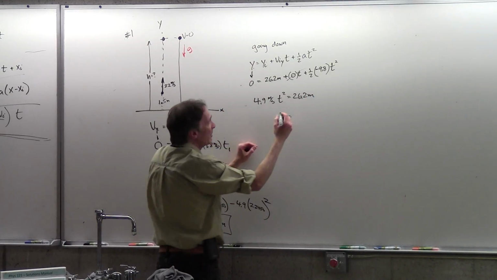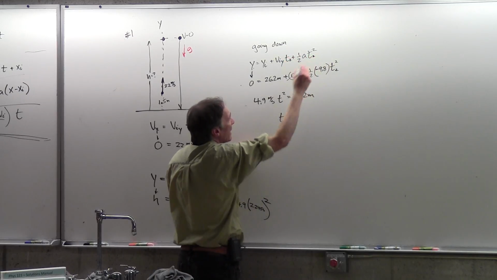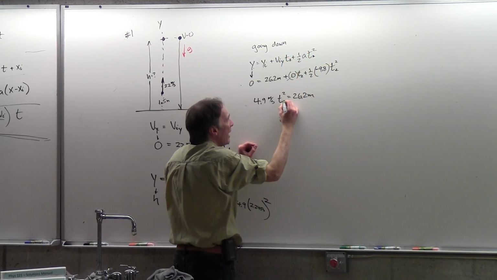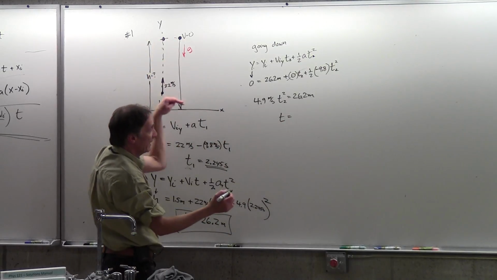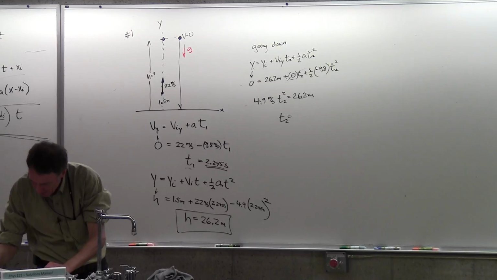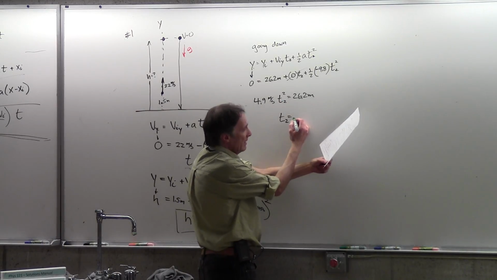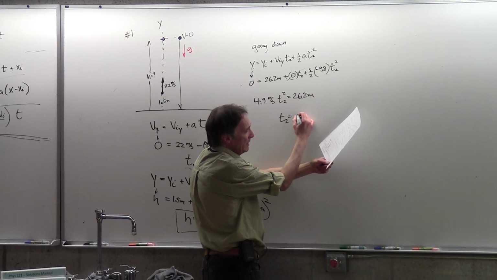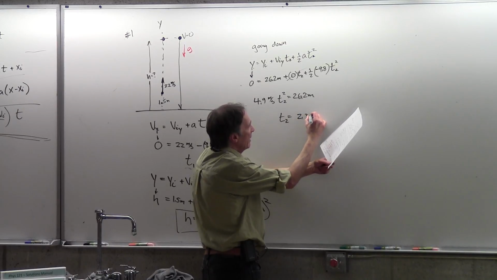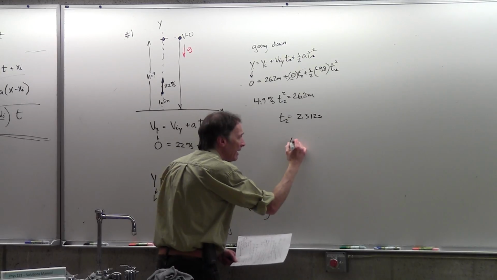I'll call this time t2 because this is the time that it takes to drop from here down. So t2 would be this divided by that, and taking the square root, I get a t2 of 2.312 seconds.